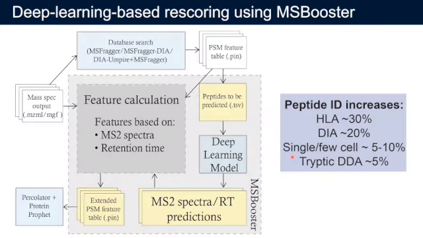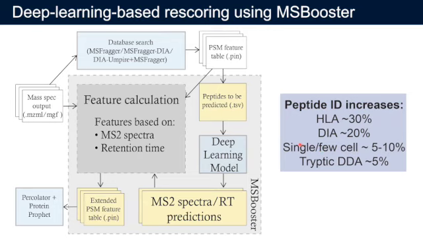After talking about MSFragger, let me introduce you to a new tool from our lab called MSBooster. MSBooster is to increase the peptide ID after MSFragger search. It basically takes the output from MSFragger and then generates the MS2 spectrum and the retention time using deep learning predictions.